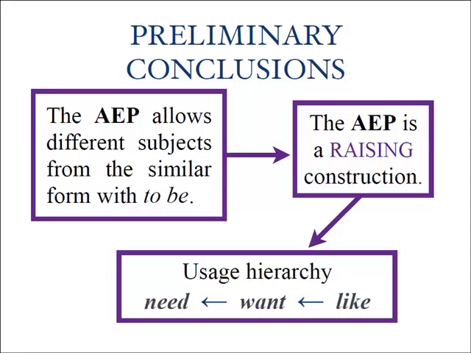So we know that need is consistently a raising verb anyway in standard English. If you're a speaker who has the AEP, it's going to be very easy for you to use need as a raising verb in the AEP. Now, want is basically a control verb, but maybe we have some uses where it's more like a raising verb, where it's more like need.